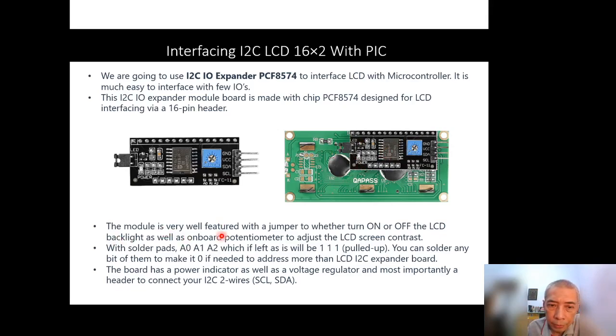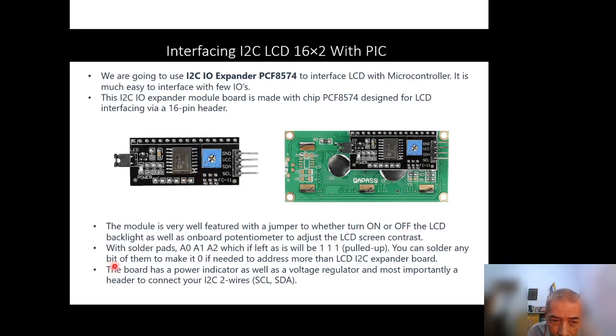The module is very well featured with a jumper to turn the LCD backlight on and off. I think it is right here. Also, you can adjust the LCD screen contrast using this potentiometer. With solder pads A0, A1, A2, which are left as they are, the address of the I2C will be 111.